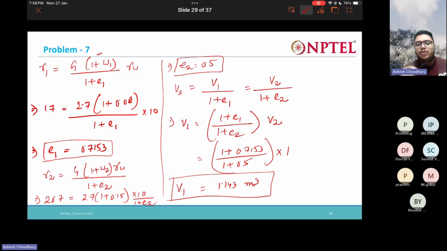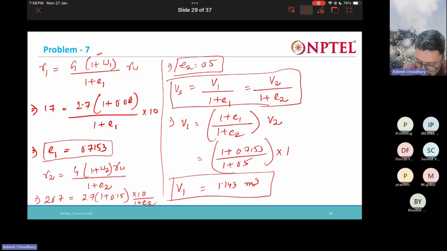So this is how we do it, because the main catch here is very important. What you are doing here is equating the volume of soil solids. For whatever you are carrying from there, the total volume will change, but the volume of solids is going to remain constant, right? From one place you are taking soil and putting it in another place; the volume of solids is the constant thing between these two.